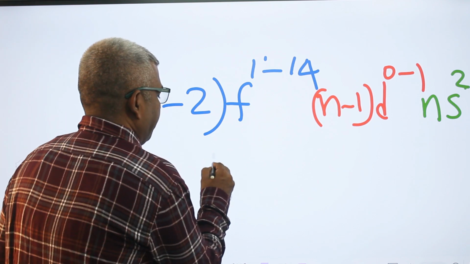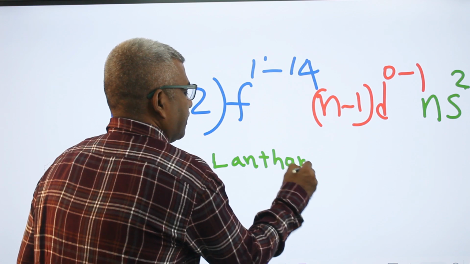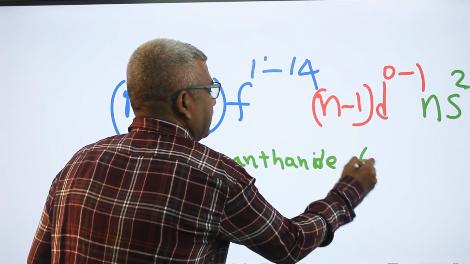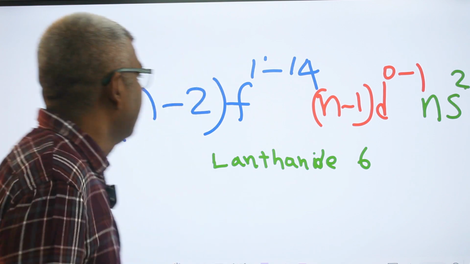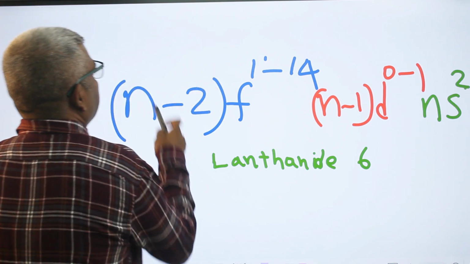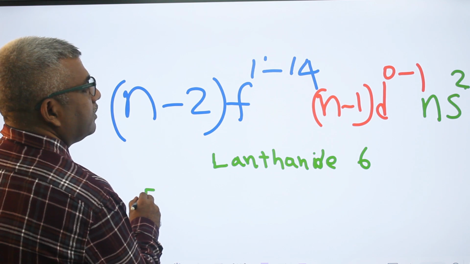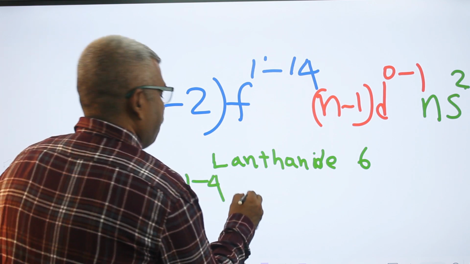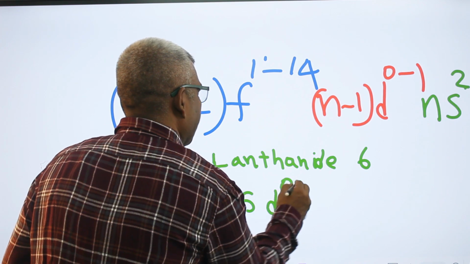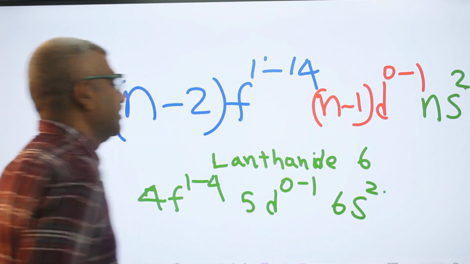Lanthanides are sixth period, so n is 6. Actinides are seventh period. So for lanthanides, what will come? 4f 1 to 14, 5d 0 to 1, and 6s2.